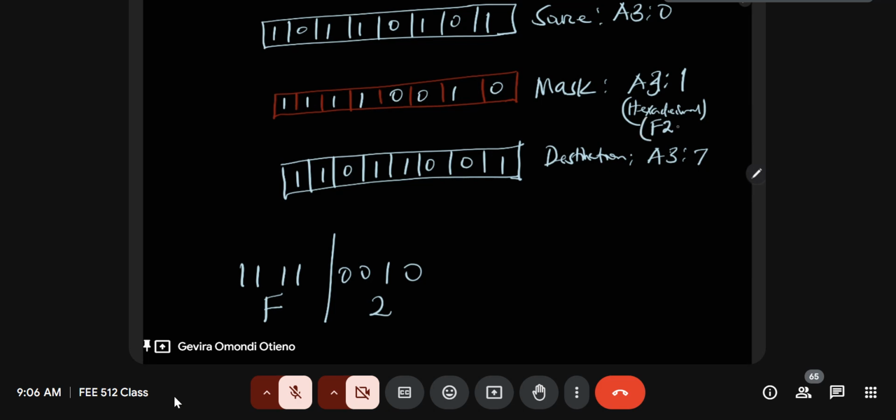So what I was saying is you might find that some PLCs provide an address for the mask, or some PLCs will provide the hexadecimal format, or just display the value in hexadecimal format. If you find PLCs that provide an address for the mask, it's fine.